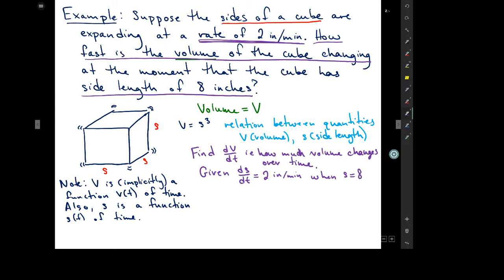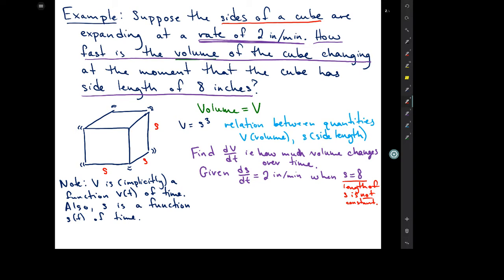And it's very, very important to note that s is not always equal to 8. The length of s changes. The length of s is not constant. But we're asked to find the volume at this particular time when the side length is 8 inches.